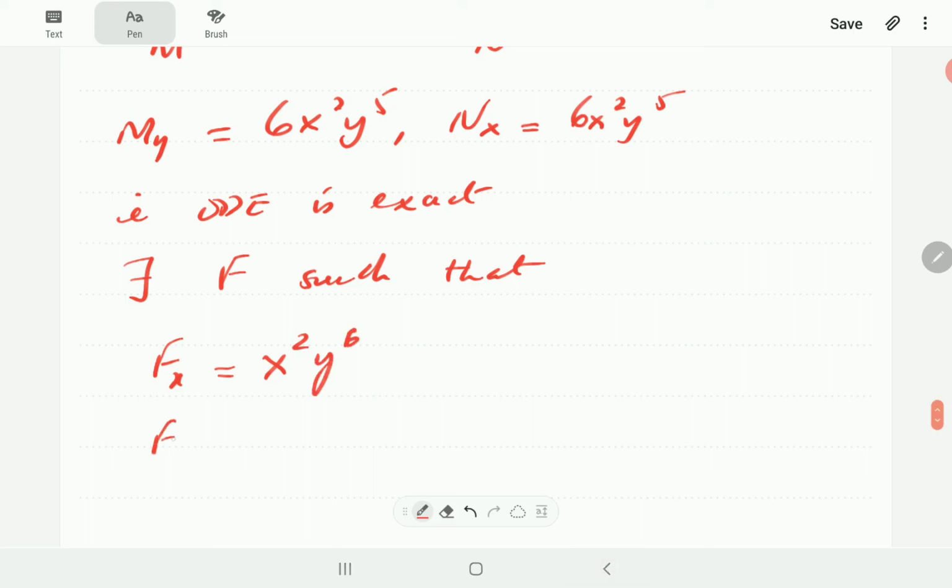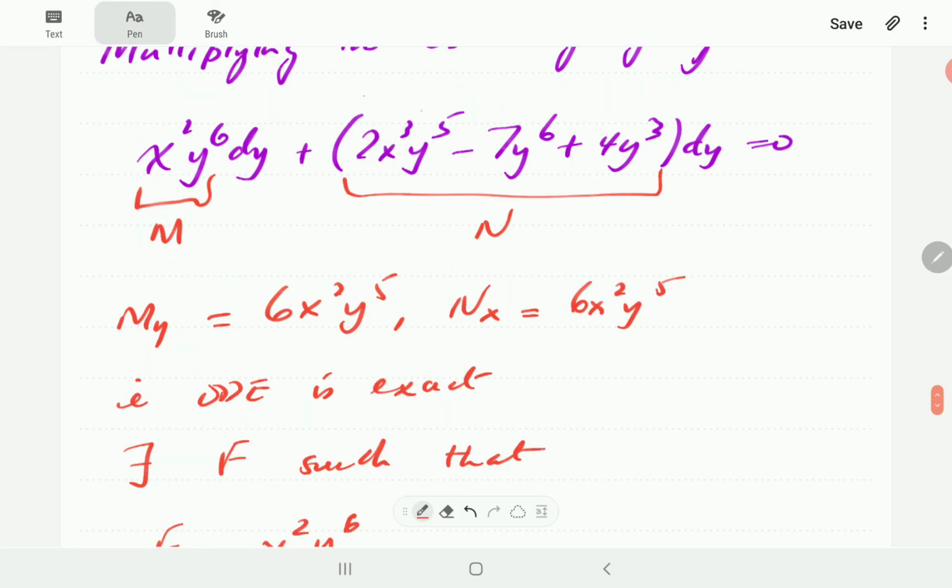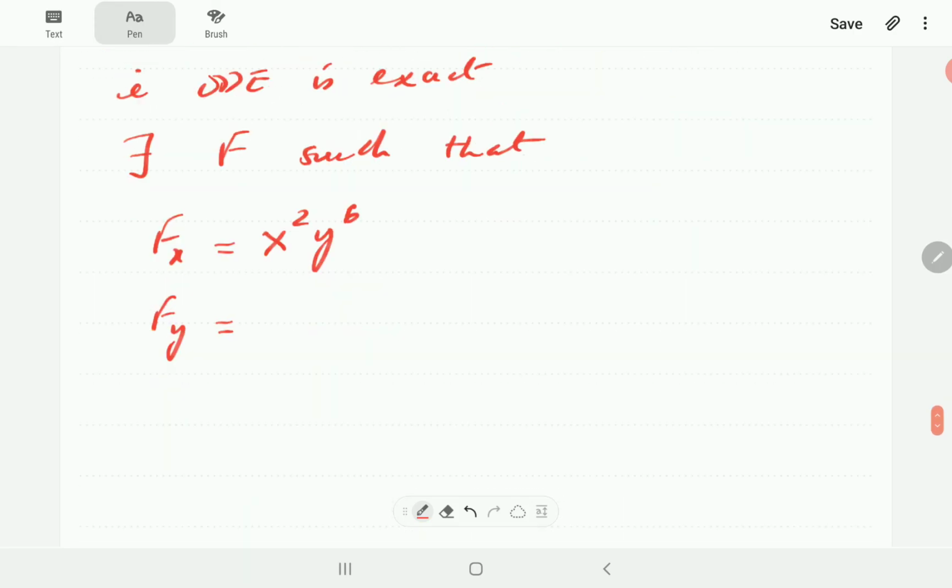And the partial derivative of this function with respect to y is going to correspond to our function n. So that's going to be 2x cubed y to the power 5 minus 7y to the power 6 plus 4y cubed.